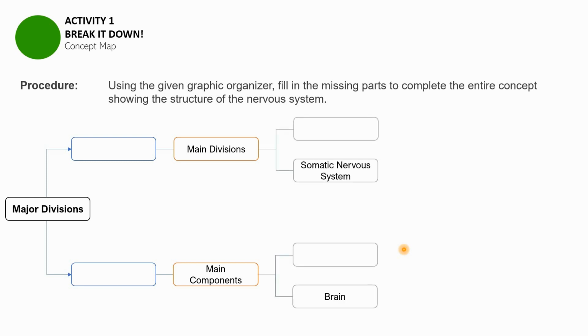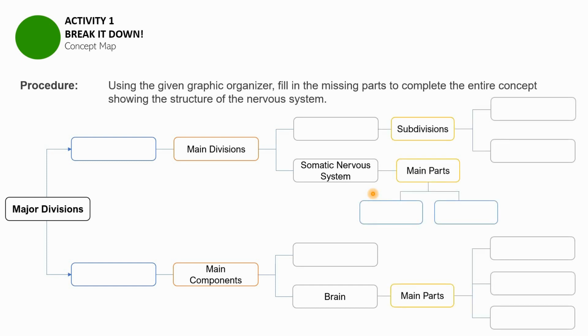For the main divisions, one of them could be the somatic nervous system. For the other major division, one of its main components could be the brain. For one of the major divisions, under the somatic nervous system, you have two main parts.